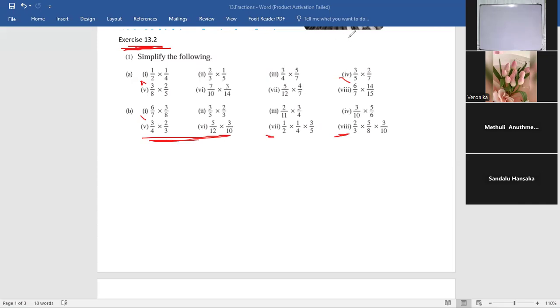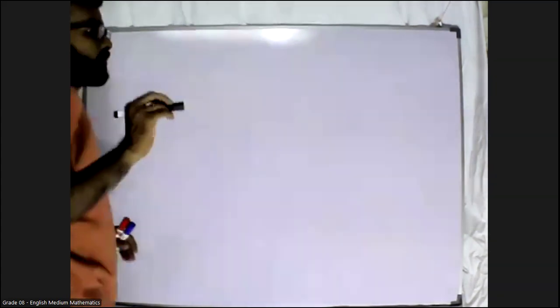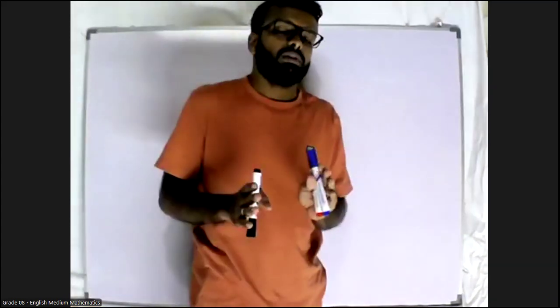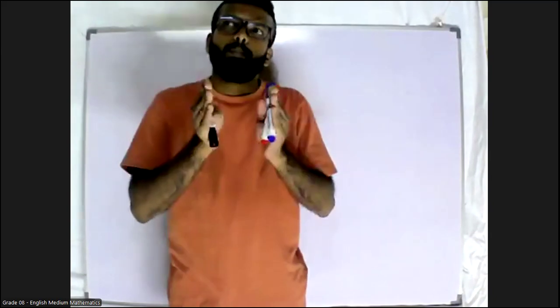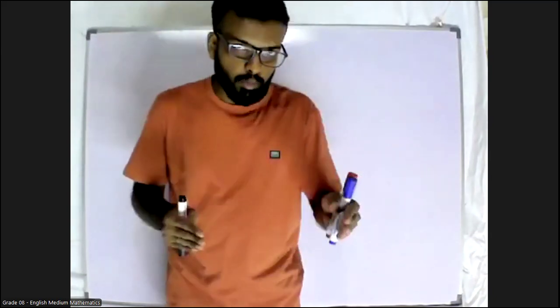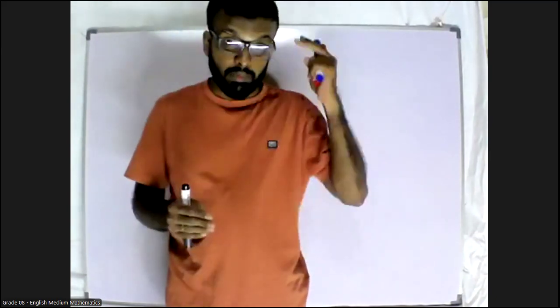Right, I am going to do the next one. And the next subtitle, which is multiplying a fraction by a mixed number, right? Very interesting. So you know how to convert a mixed number into an improper fraction, right? Keep that in your mind.